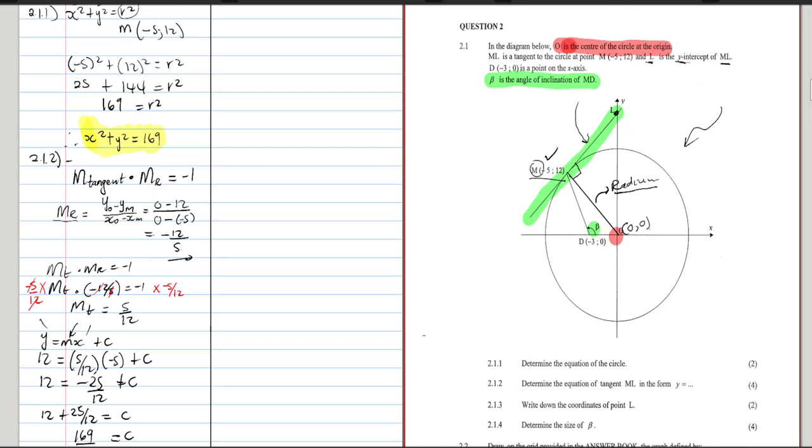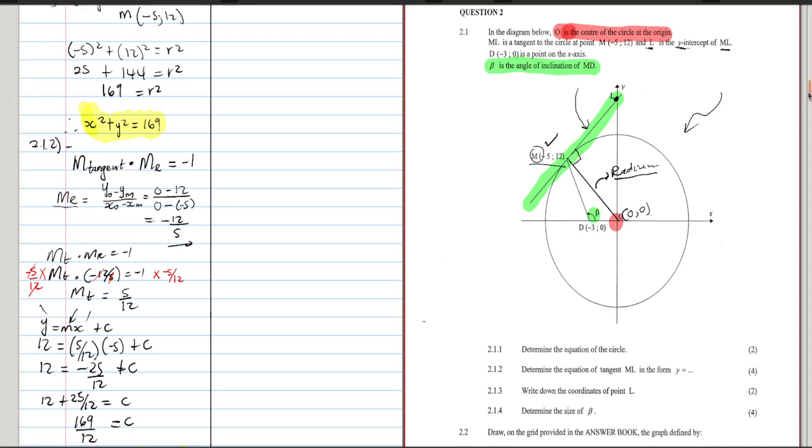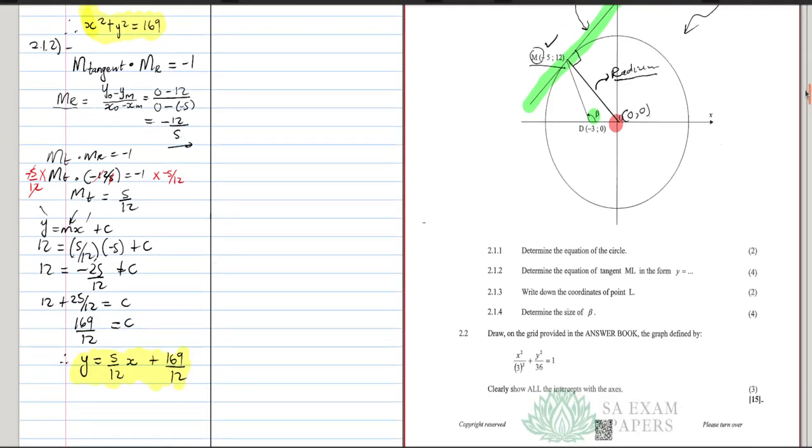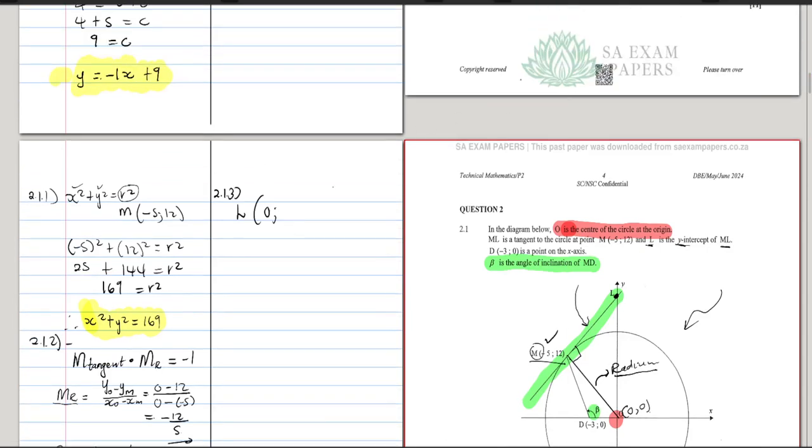So the coordinates of L are actually the y-intercept of the straight line ML. So writing down the coordinates of 2.1.3, L is just going to be 0 and the C value of that straight line ML, the one we just calculated before. So the value for C is 169 over 12. So these are the coordinates for L.